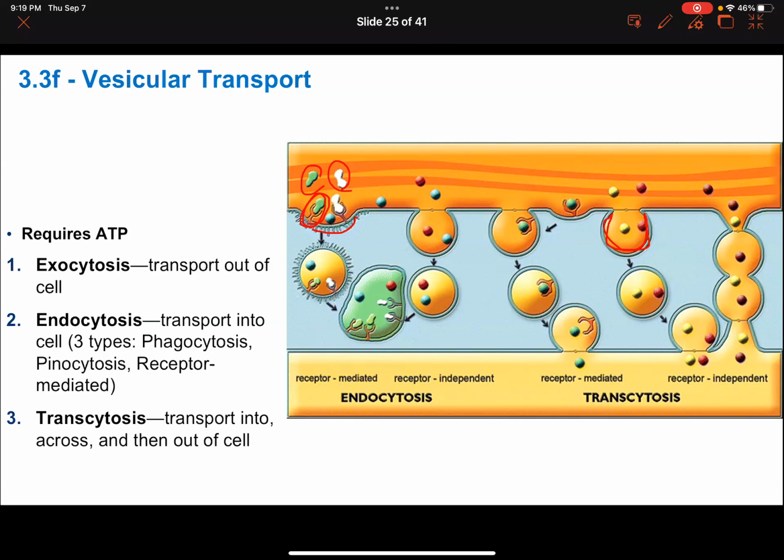And then we have something called transcytosis. Transcytosis is a combination of endocytosis and exocytosis, but it's also carrying whatever came from the extracellular fluid across the cell and depositing it on the other side.